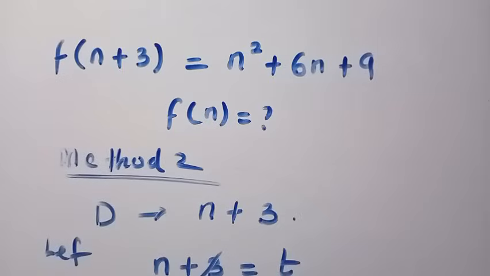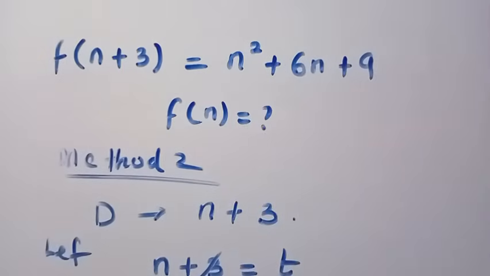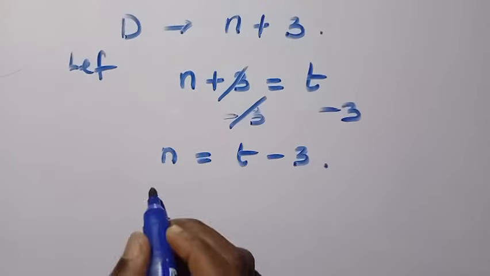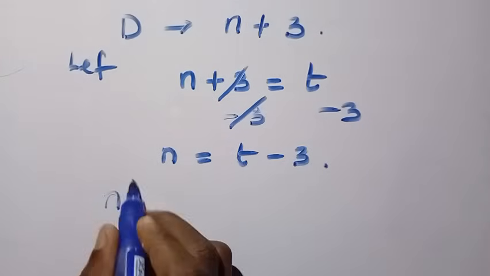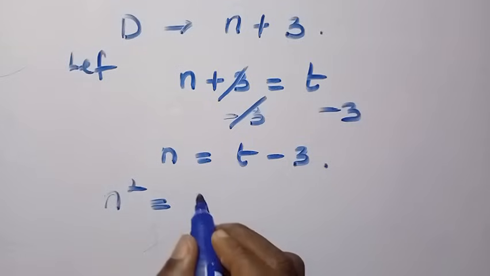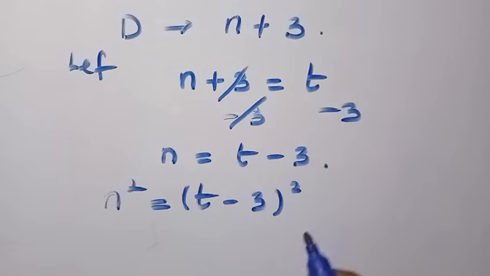And from this quadratic term here, we have n squared, we have 6n, and we have 9. It means that from here we need n squared. To get n squared, we take the square on both sides. Here we have n squared equals t minus 3 all squared.